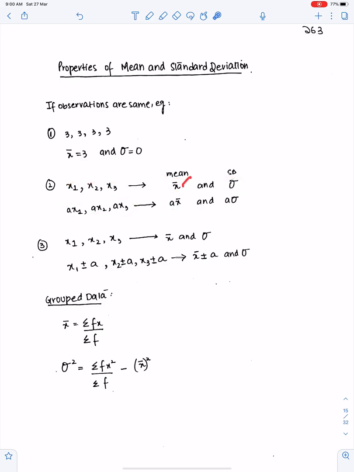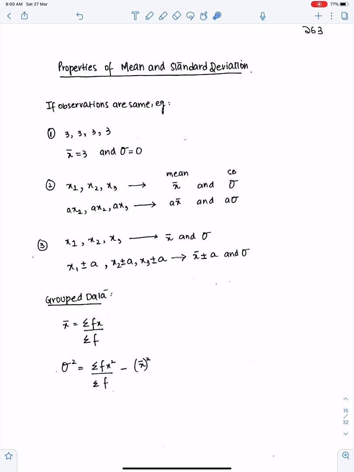So the mean and standard deviation will be changed when you multiply each and every observation by a non-zero constant. In fact, you need to multiply their mean by that constant and their standard deviation by that constant as well. So this is property number 2.